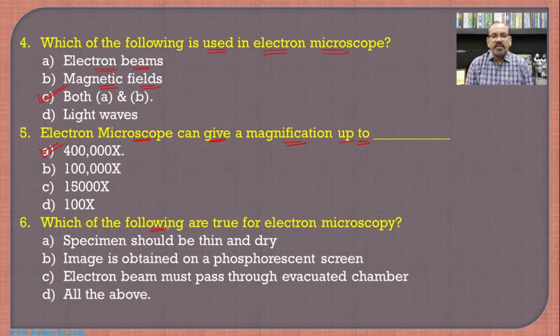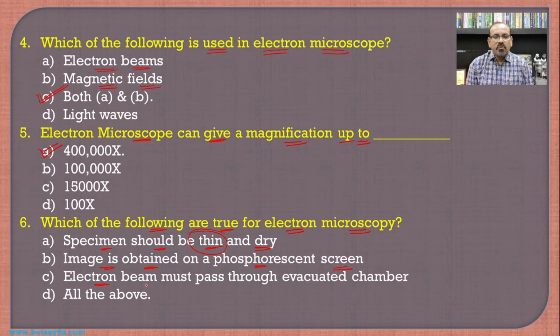Then which of the following are true for electron microscopy? In electron microscopy the specimen should be thin and dry. Thin because the electron beams can pass through it very easily. Then the image is obtained on a phosphorescent screen, so this is also correct.